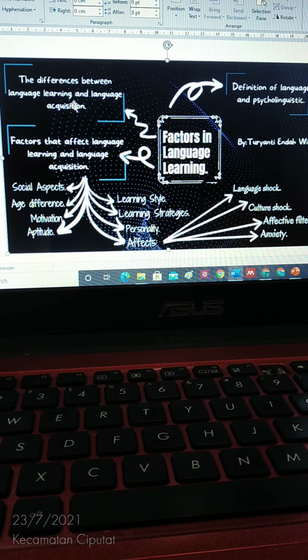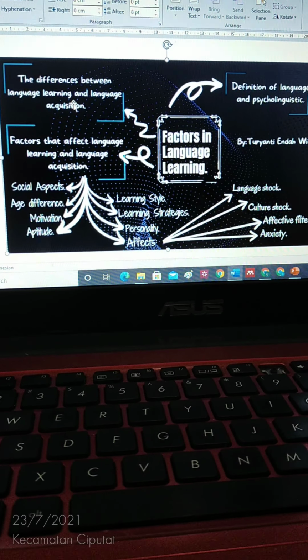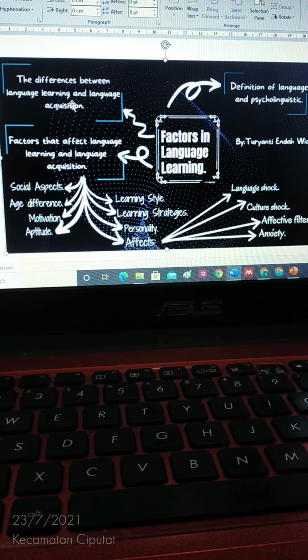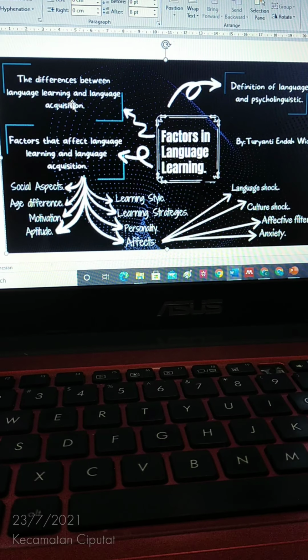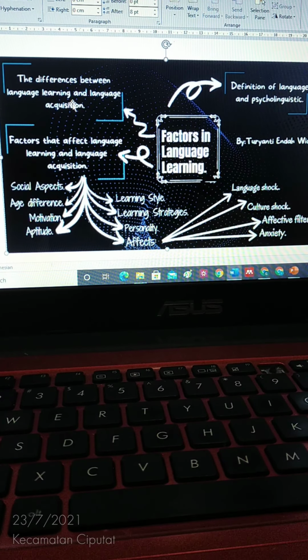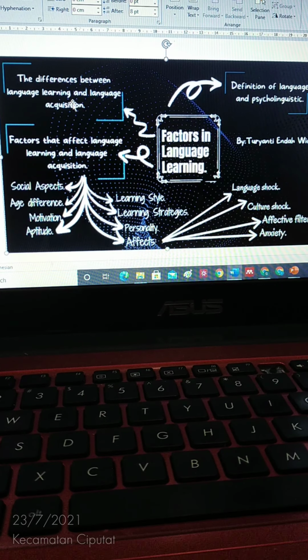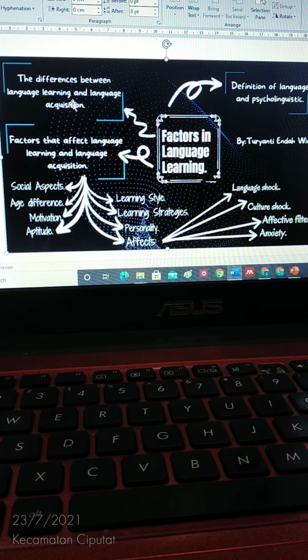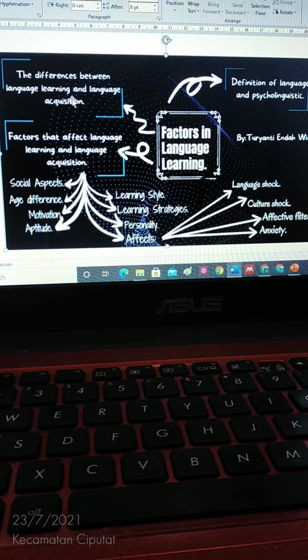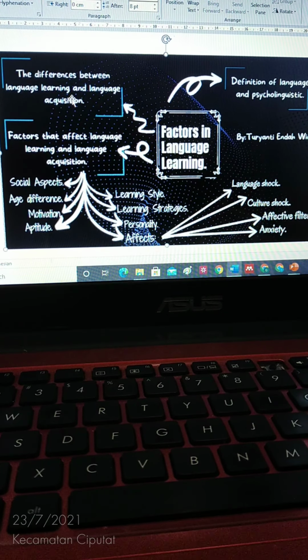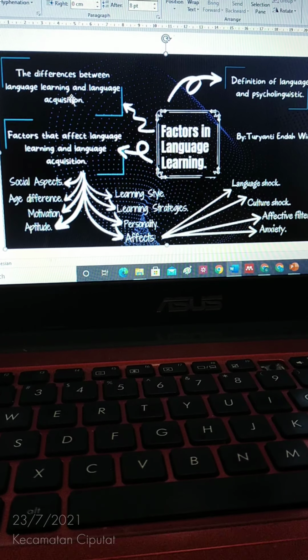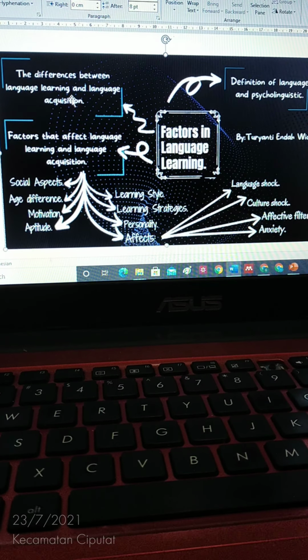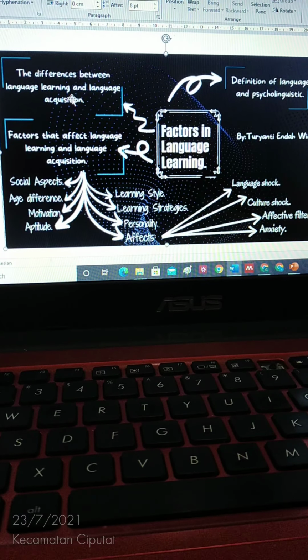Language learning is the process in which learners attempt to form and figure out rules, and are generally aware of their own process. Meanwhile, language acquisition is the subconscious and intuitive process of constructing the system of a language.